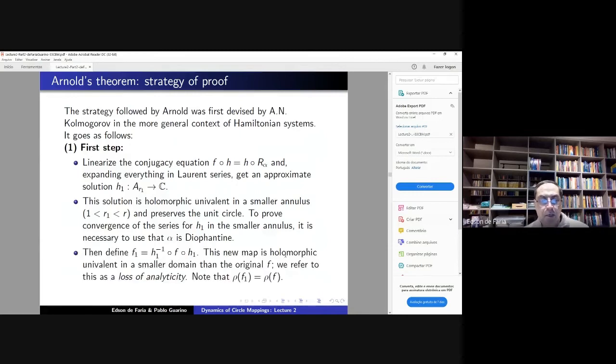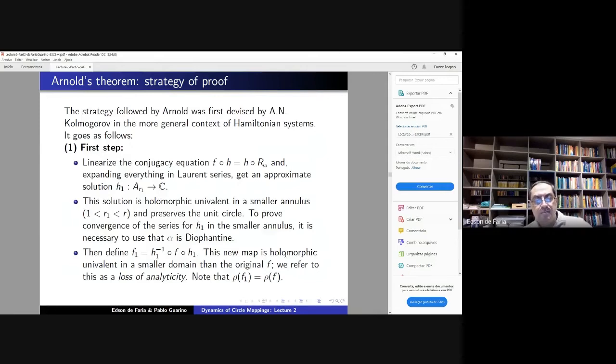Okay, so then with this, H sub 1 is not an exact solution of the equation that you're looking for. It's only an approximate solution. So what you can do is take H sub 1 and the original f, and conjugate f by this H sub 1, and you get a new f1.